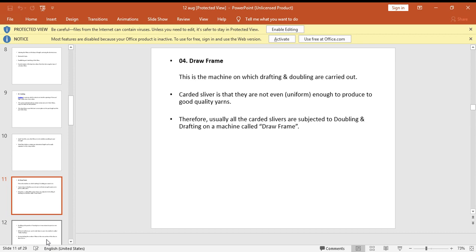And then the fourth one, draw frame. This is a machine on which drafting and doubling are carried out. Carded slivers are not even, that is, not uniform enough to produce good quality yarns. Therefore, usually all the carded slivers are subjected to doubling and drafting on a machine called the draw frame.